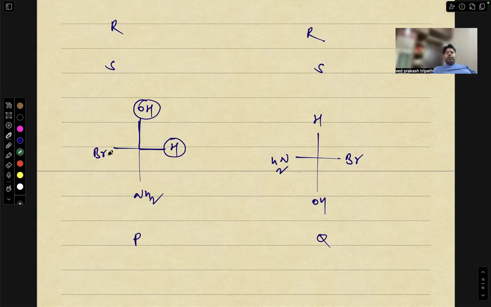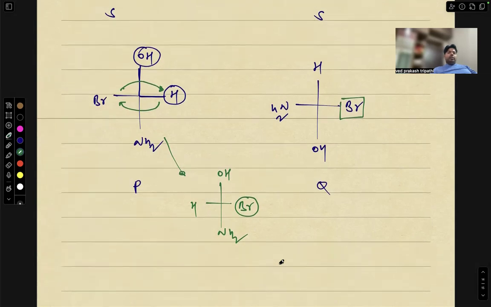And you can start with any group. Suppose in Q, bromine is horizontally right. So I would like to fix bromine horizontally right. So hydrogen would be in place of bromine. Let's draw this: bromine, H, OH and NH2 will remain the same. So now my bromine is fixed. Now the next group, you can start with anyone.